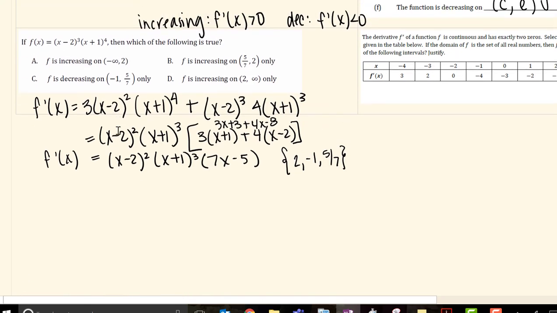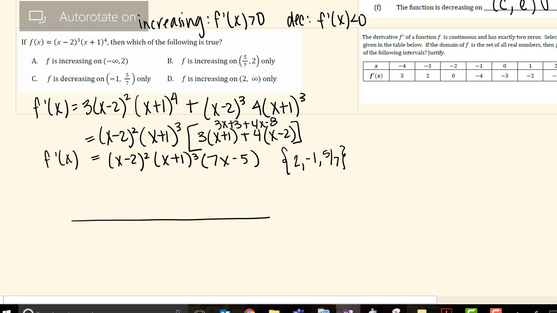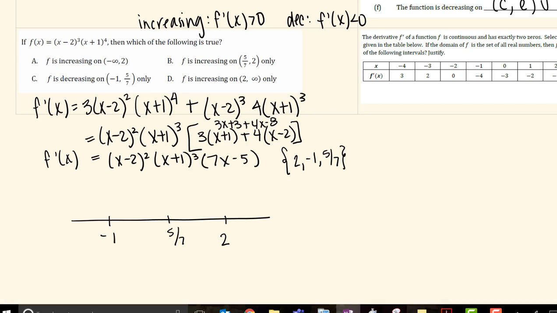For my sign chart here, let's get these all laid out. Negative 1, I'm going to order them 5/7, 2. And you can plug in some values and use values that are in between. I'm going to use the end behavior of that derivative graph to get that figured out. I know that this is going to be 1, 2, 3, 4, 5, 6.